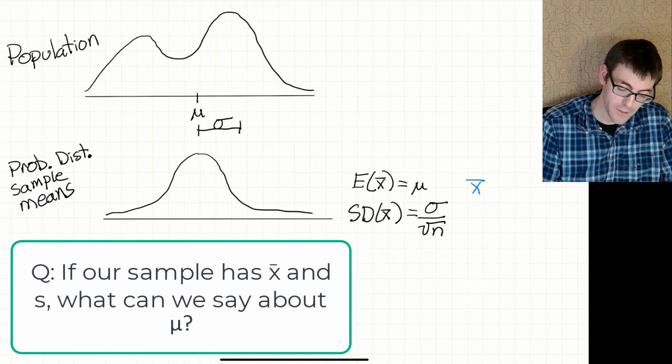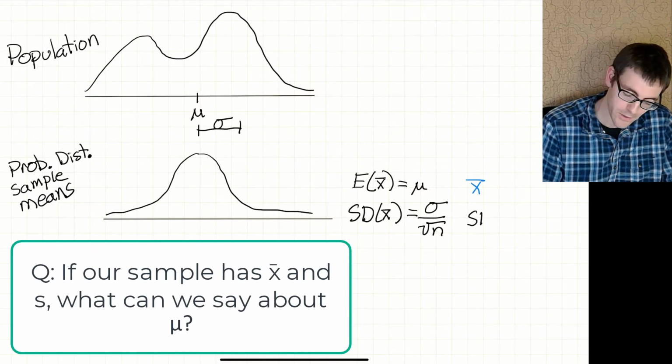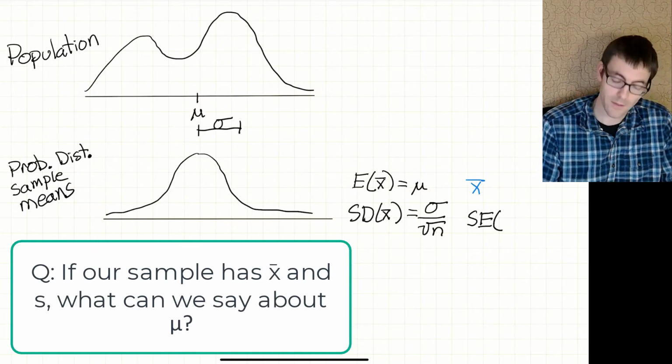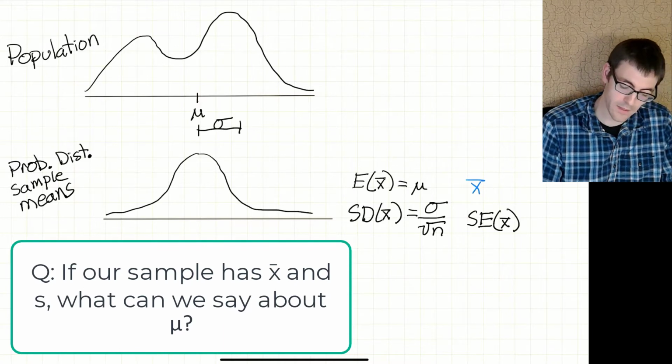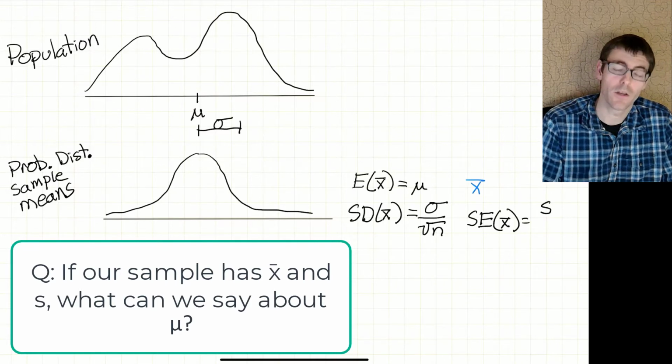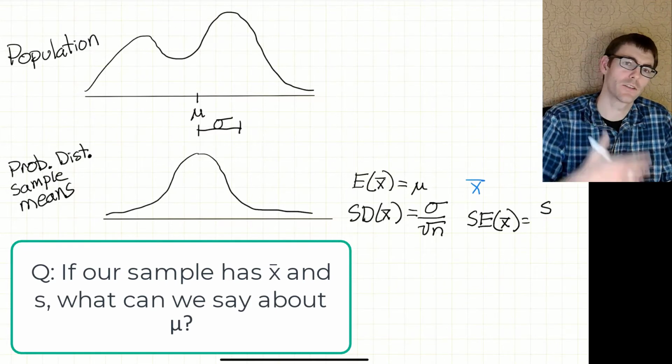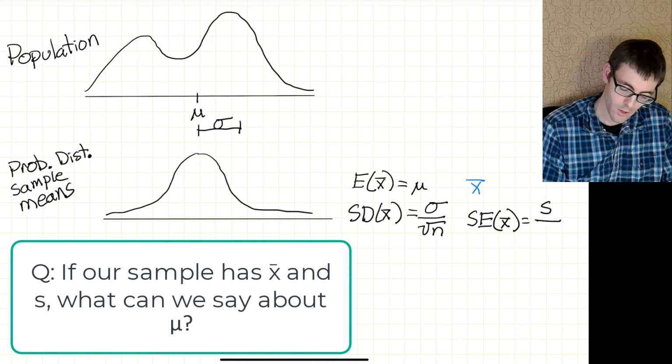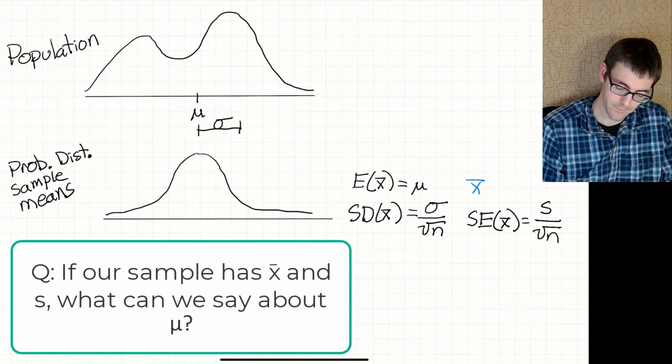So we'll use the same notation we've used before. We're going to call this standard error now, where the standard error for this distribution is our estimation for the standard deviation of the population over the square root of n.